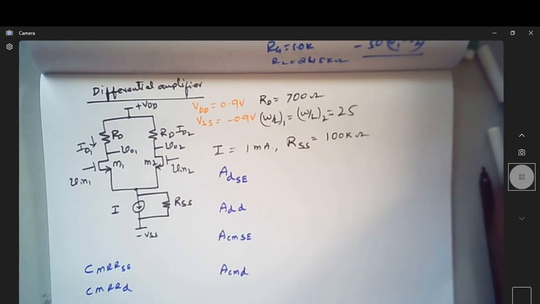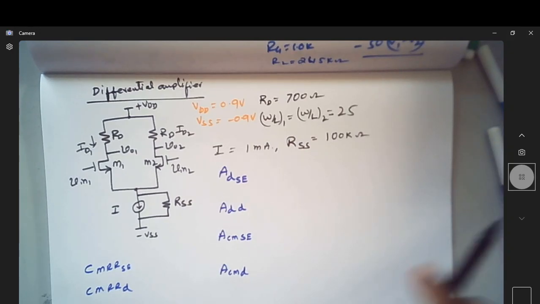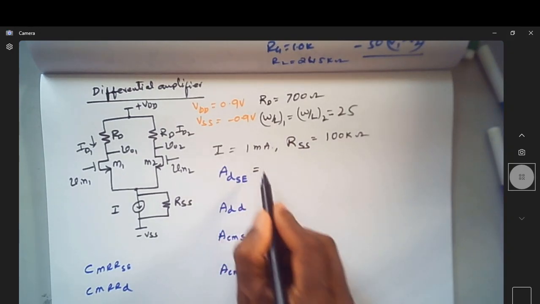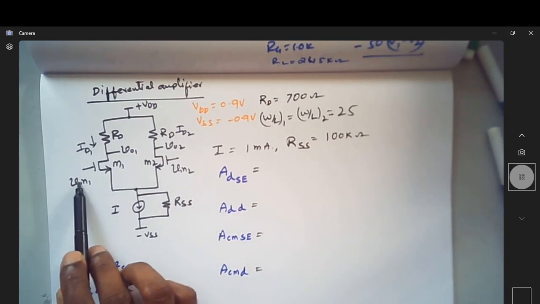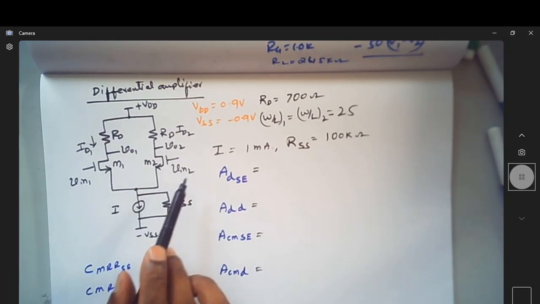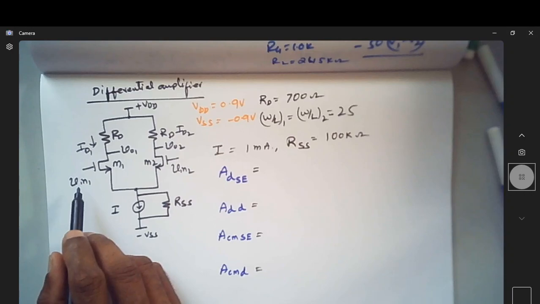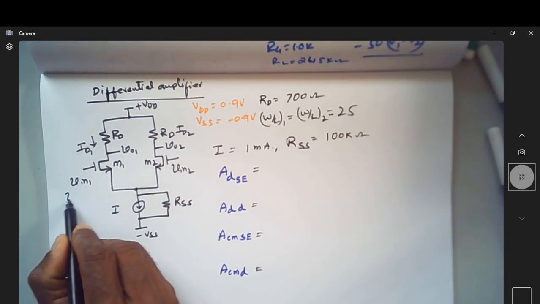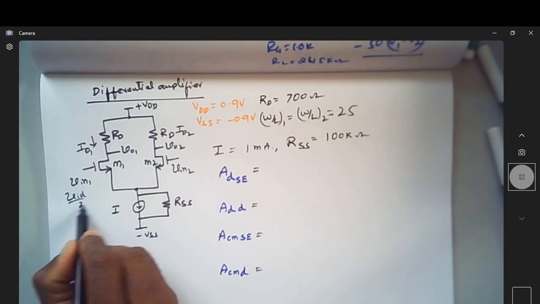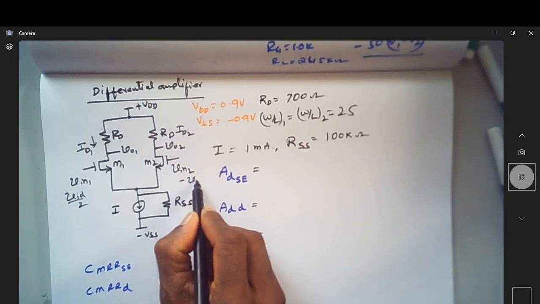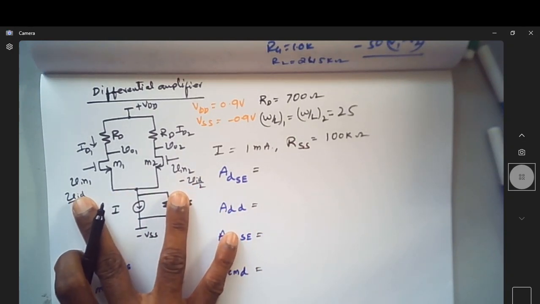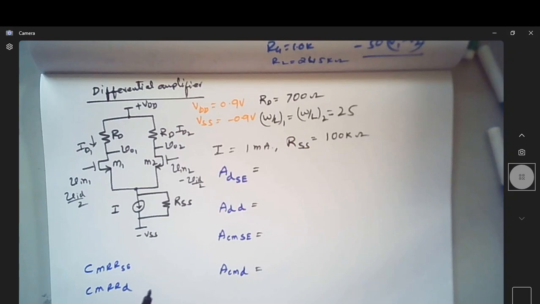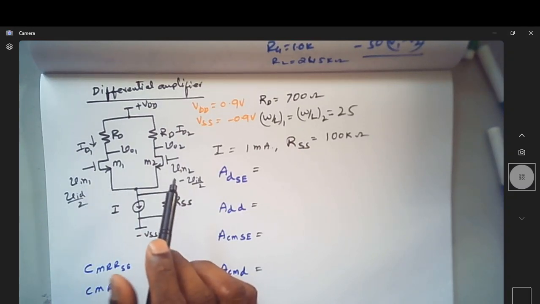Okay, now let us write the equations for all these gains. So now we know that for a differential amplifier there are two inputs. If both the inputs are different, here you can see it is VID by 2 and minus VID by 2, I'm having equal amplitude but out of phase inputs, which will be a differential input.